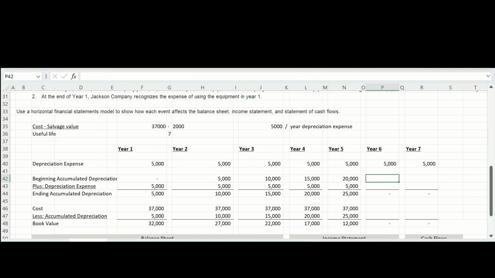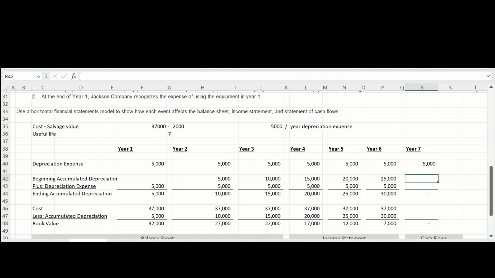All right, starting year 6, we have $25,000 of accumulated depreciation. Then we add to that our depreciation expense, so $30,000 in the accumulated depreciation. Cost was still $37,000. Take away the accumulated depreciation at the end of year 6, which is $30,000, leaves a book value of $7,000.